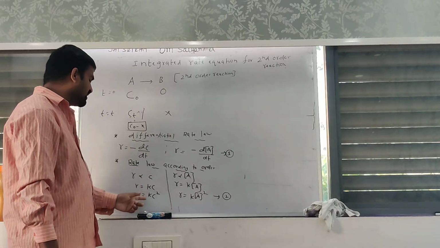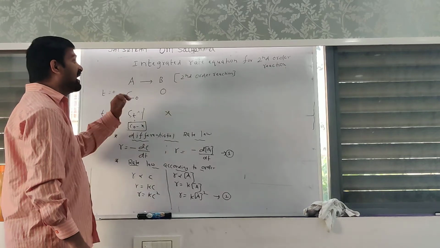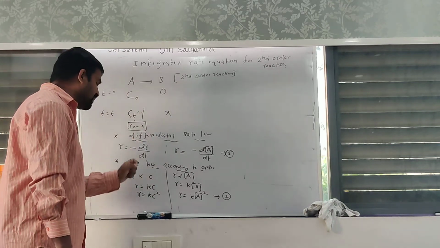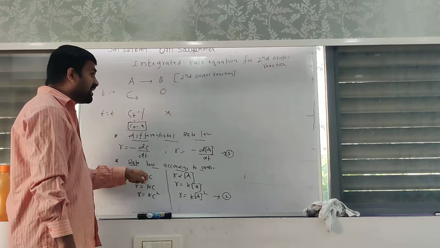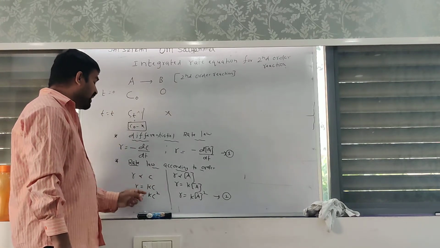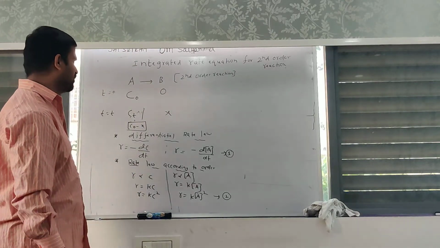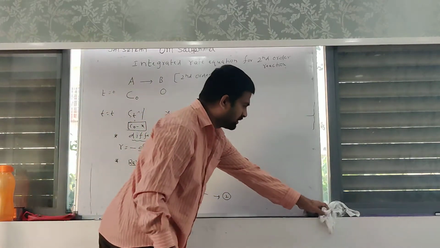When proportionality is removed, the constant comes, R is equal to K times C, but this is a second order reaction. So the sum of the powers of the concentration in the rate equation is equal to 2, and you can write the 2 on the concentration term.